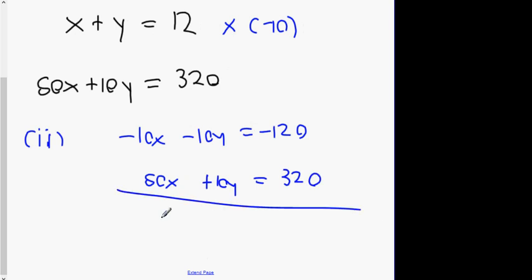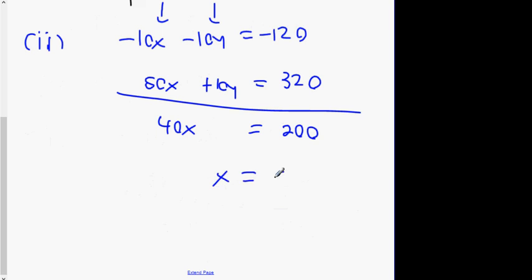Add directly downwards: 40x, 10y minus 10y cancels, and minus 120 plus 320 gives 200. Divide by 40. 5.